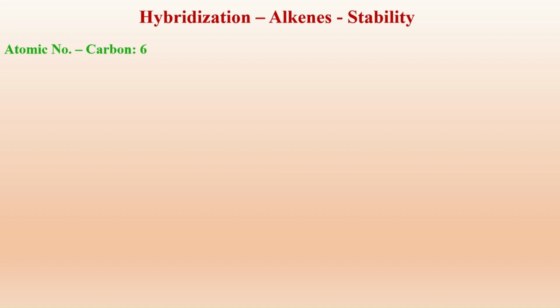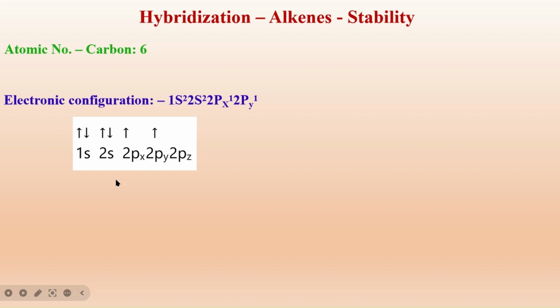As we know, the atomic number of carbon is 6. Its electronic configuration can be written as 1s2, 2s2, 2px1 and 2py1, represented in this figure: the 1s orbital accommodates 2 electrons, likewise 2s accommodates 2 electrons, and 2px and 2py have 1 electron each.